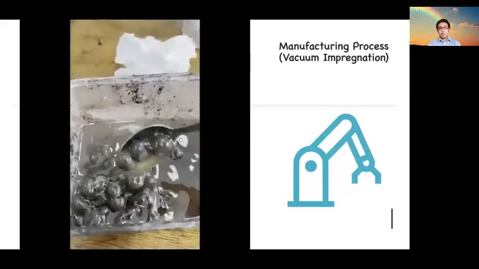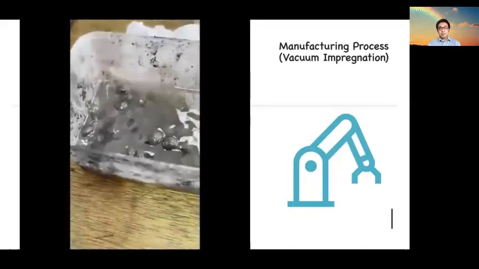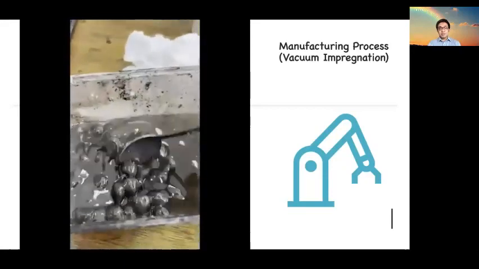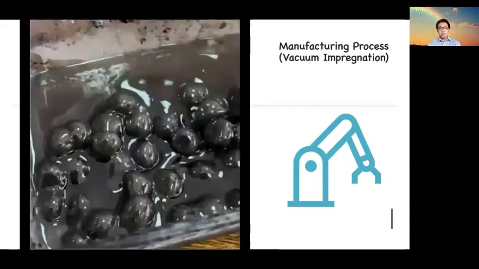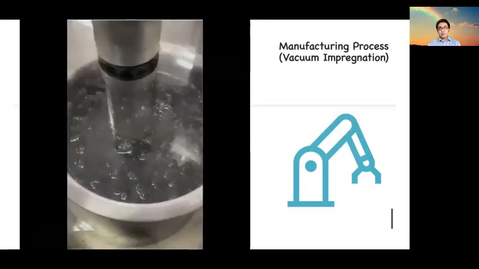For the coating process, the sample is immersed in the epoxy resin for 15 minutes. The freshly coated aggregate is removed from the epoxy resin and transferred into the container with graphite powder. The steps are repeated by replacing liquid paraffin with silica fume-based geopolymer. This is the manufacturing process for vacuum impregnation.